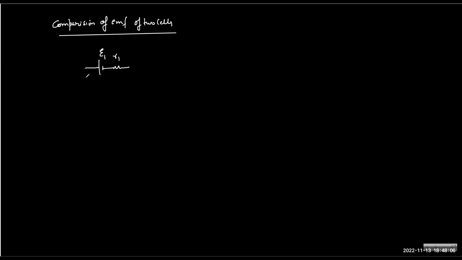So generally, there are two types of questions you will come across. Let's say we have two cells, one with EMF E1 and internal resistance R1, the other with E2 and R2, and both are given a switch.